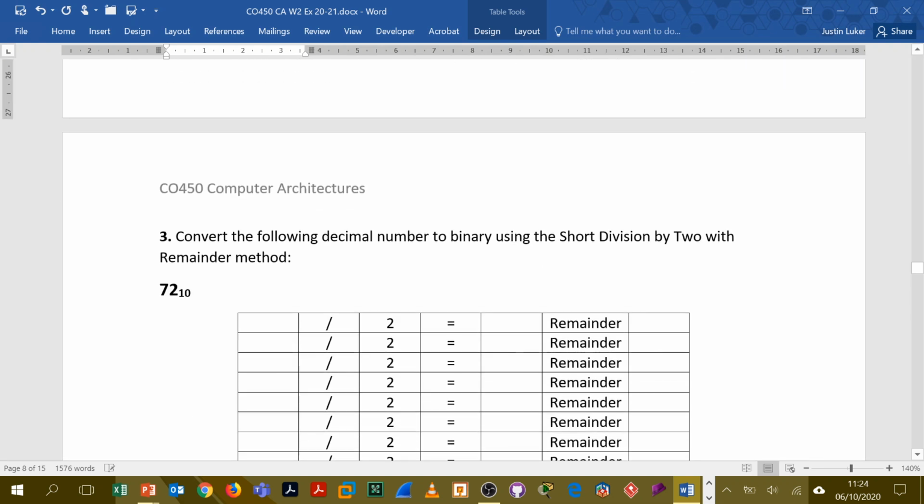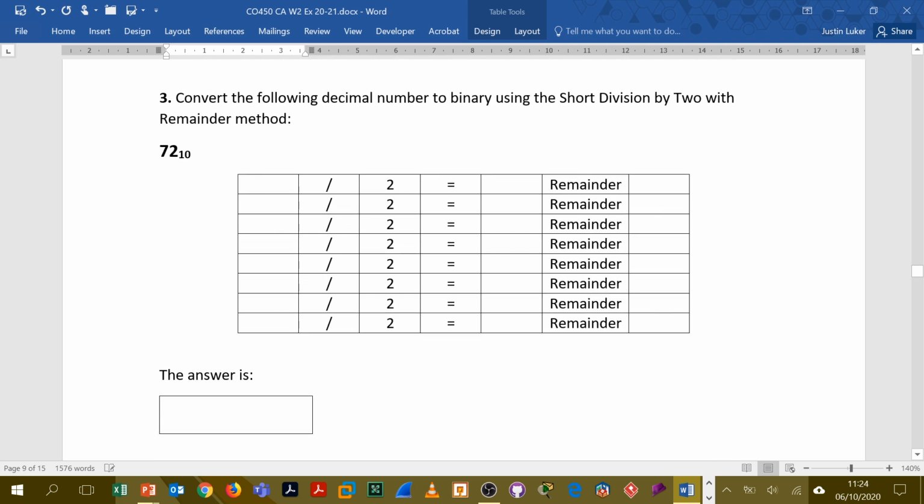So let's see, we've got another one here. So we've got 72. Click on that. So 72 divided by 2. Even number, so there's not going to be any remainder on that one. So we got 36.